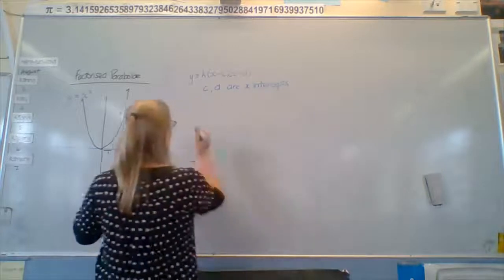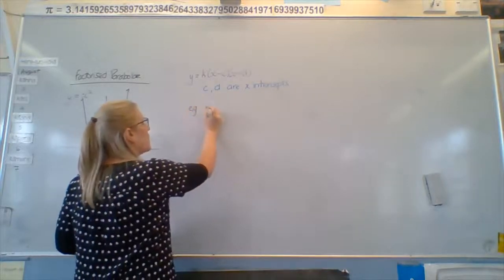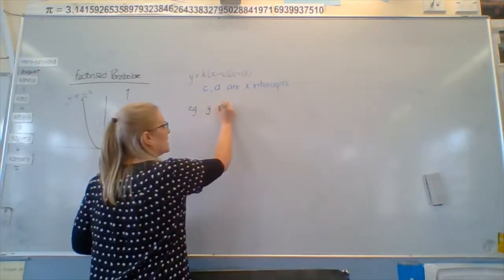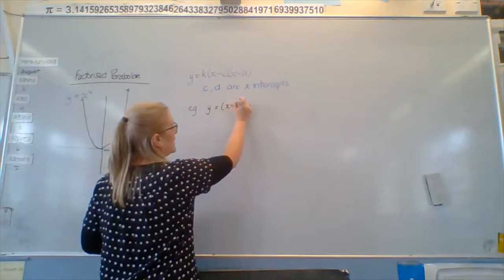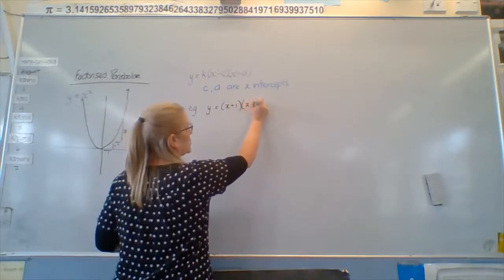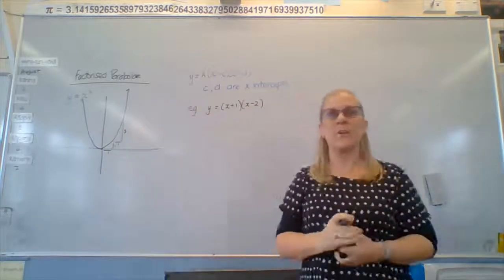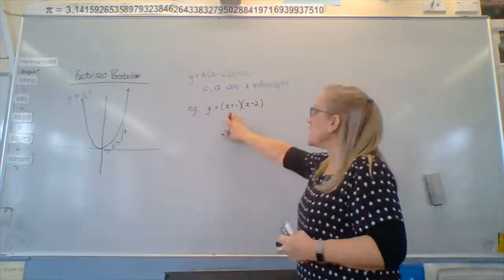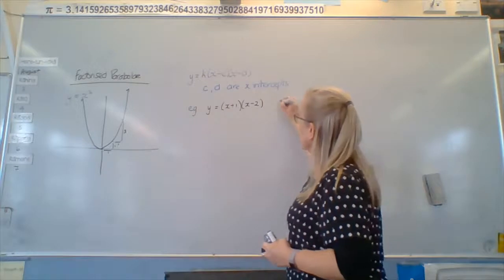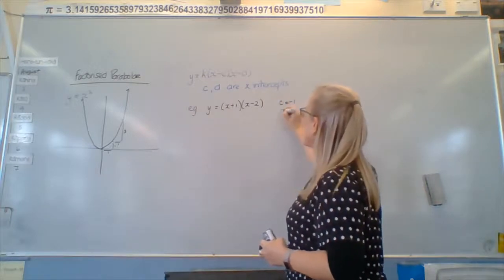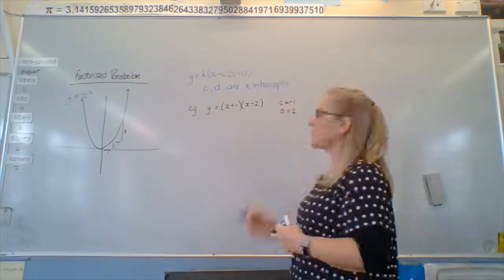If we've got y equals x plus 1, x minus 2. You'll notice that I haven't put a k in this one just at the moment. We're just going to deal with an ordinary one first. So our 2 intercepts are c equals -1 and d equals 2.